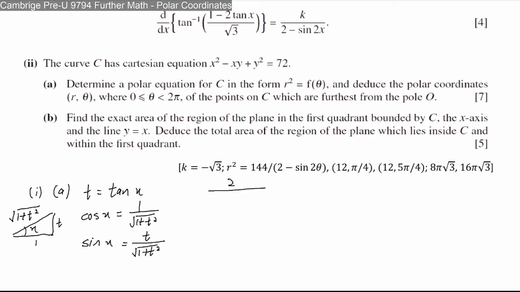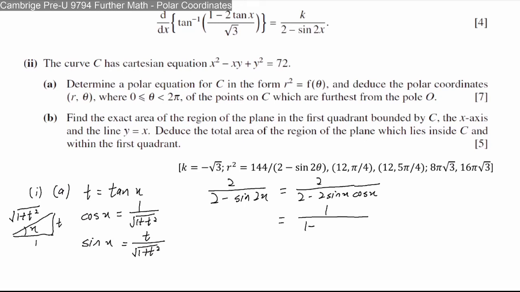So we have 2 over 2 minus sine 2x. The sine 2x we can write as 2 sine x cos x. The 2 can be cancelled off from numerator and denominator, so we only have 1 over 1 minus sine x times cos x.